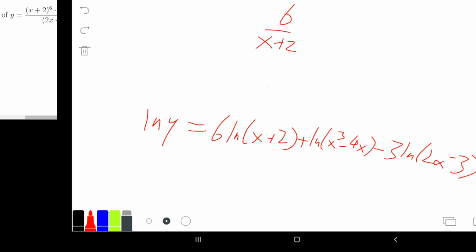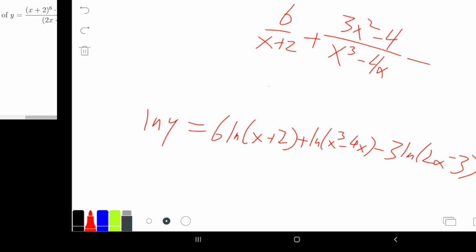In the next case, the derivative of ln x cubed minus 4x, well, that's just 3x squared minus 4, the derivative of x cubed minus 4x, over x cubed minus 4x. Finally, the derivative of 2x minus 3 is just 2, but I'm going to multiply that by the negative 3.